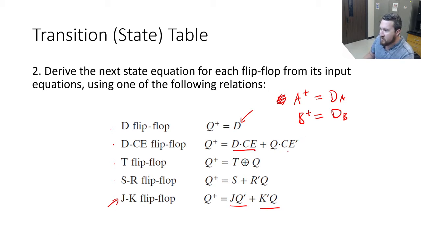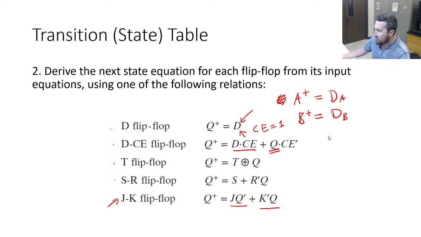But if CE equals 0, then the state doesn't update, and it just feeds the present state back to the next state. So when CE equals 1, it's just going to be a regular old D flip-flop. Did that answer your question, Adrian? Cool, no problem.